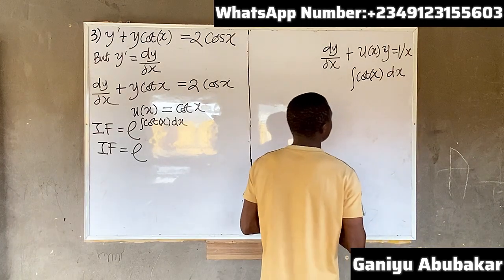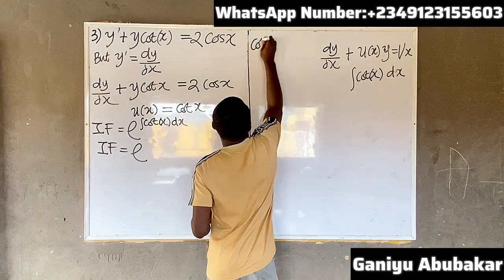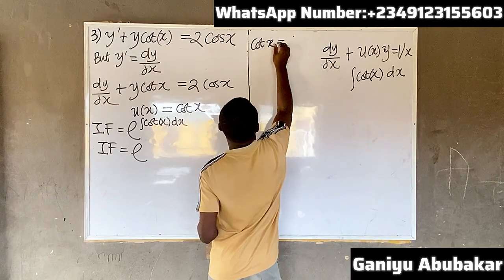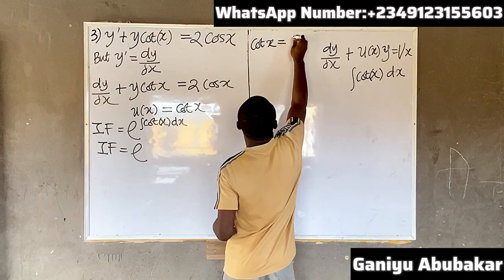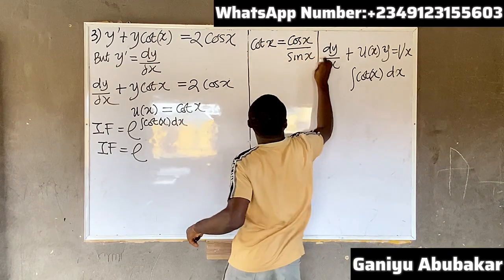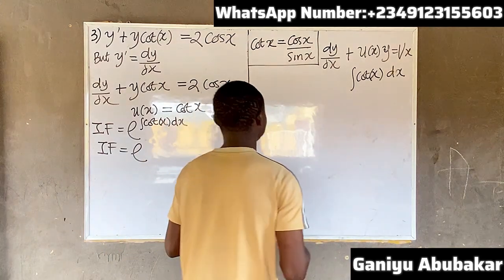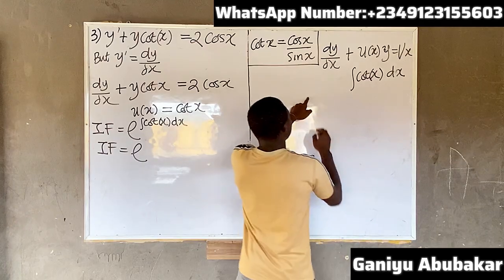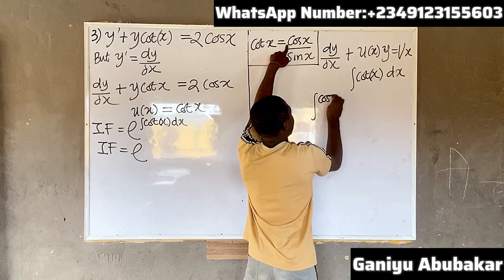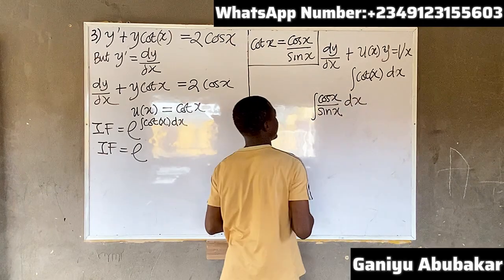My very first task is to go back to trigonometry. Know that cot x is cos x over sine x. This is from trig identity. Don't cram. So the integral of cot x now is the integral of cos x over sine x with respect to x.